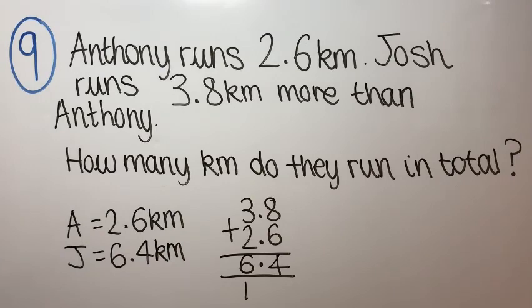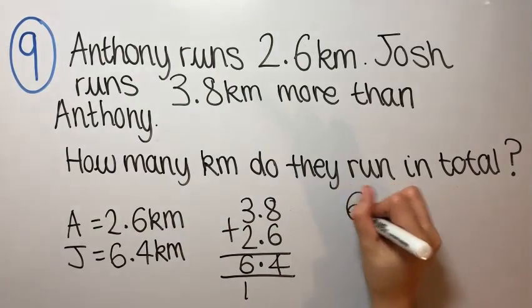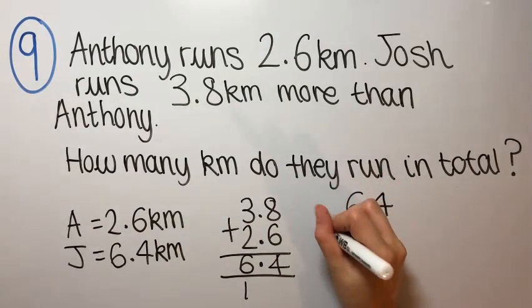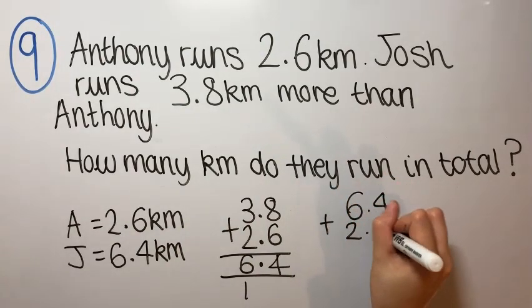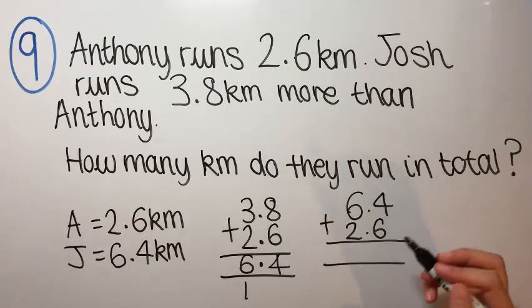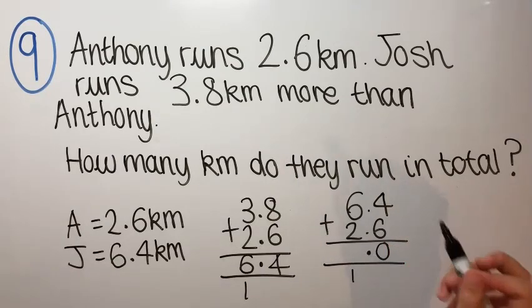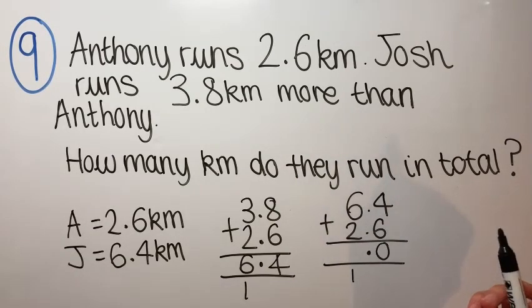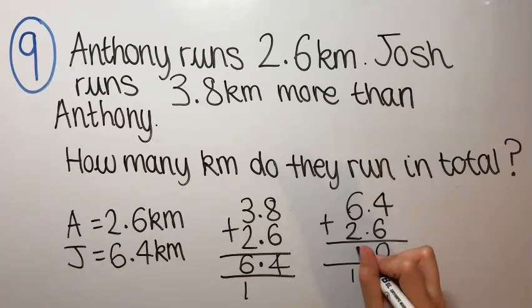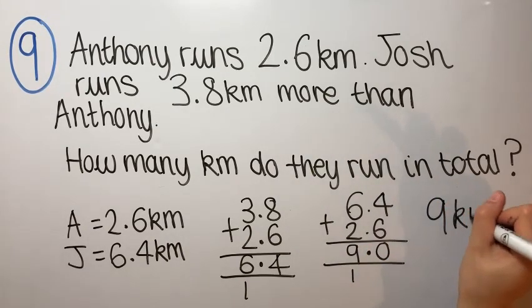Now we are asked how many kilometres do they run in total, so we need to add these two numbers together. 6.4 plus 2.6. 4 plus 6 is 10. Bring down our decimal place. 6 plus 2 is 8, plus this one down here is 9. And our answer is 9 kilometres.